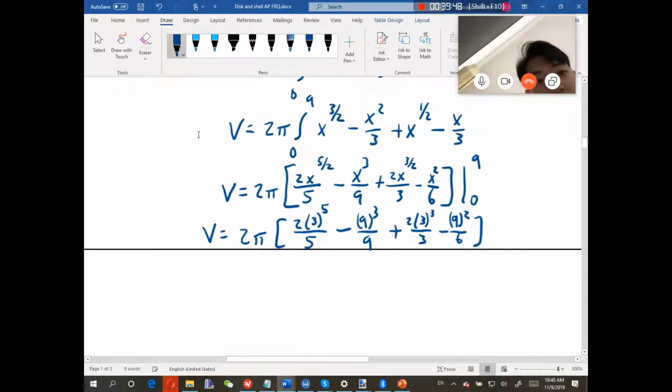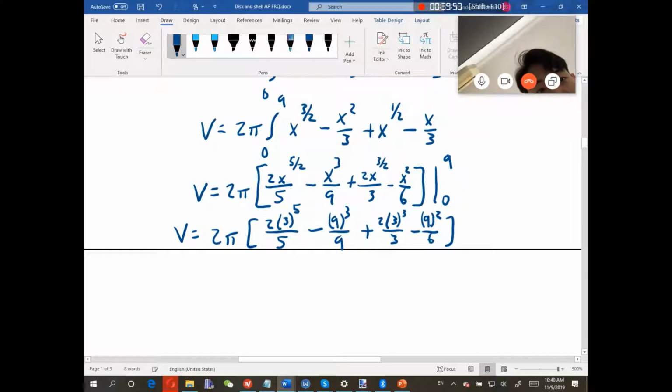Okay, so we'll try to simplify. I'm going to simplify as much of it as I can from these fractions before we get the common denominator, and maybe that'll make it easier for us.